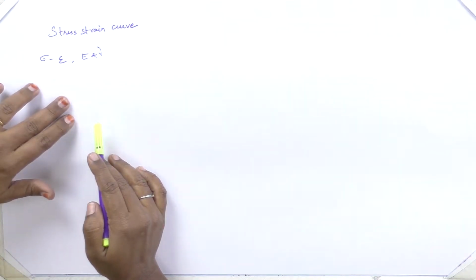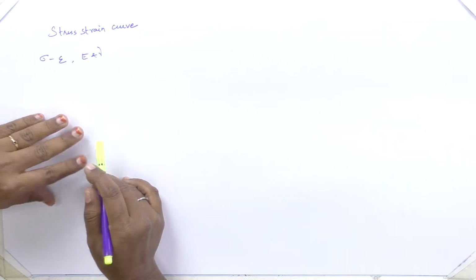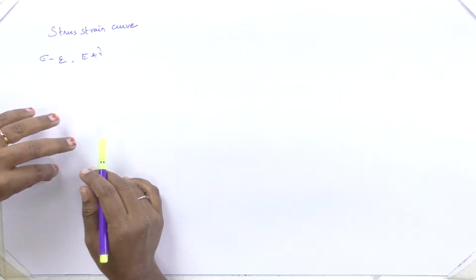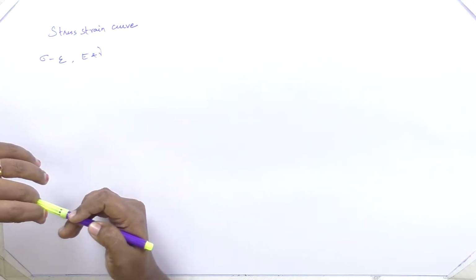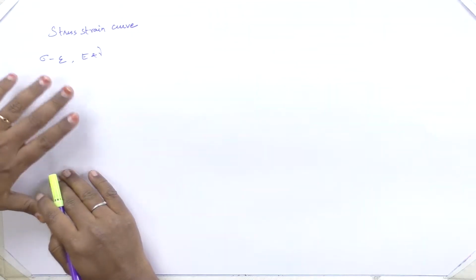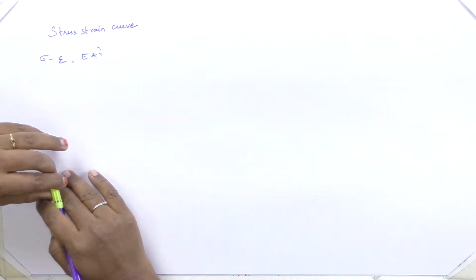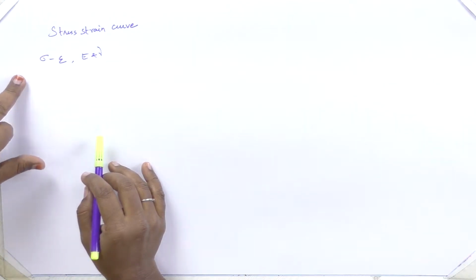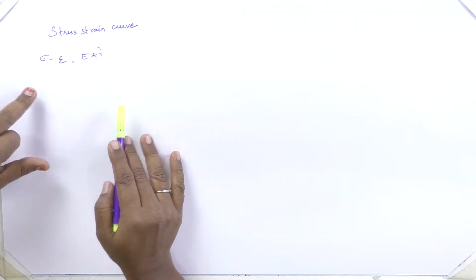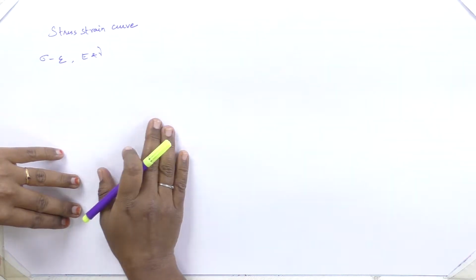They are used to determine the deflection in the members. They are used to calculate the deflection and deformation in the structures. That is, these values will be used in structural analysis to determine the deflection and deformation in a structure.